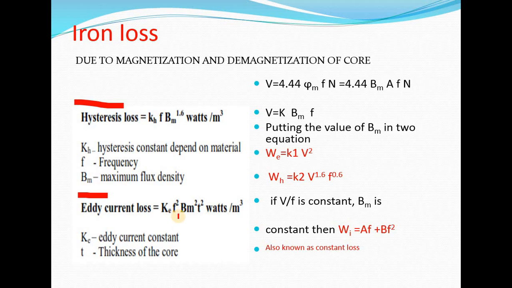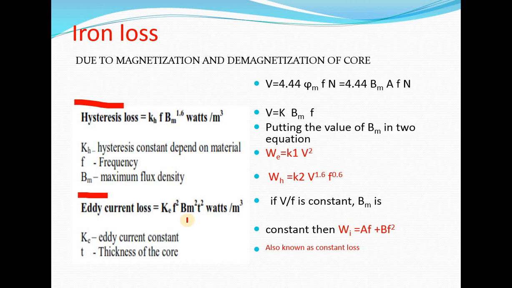At the same time, EMF is also induced in the core, and because the core is a conducting material, a circulating current is set up, and this current encircles the magnetic lines of flux.